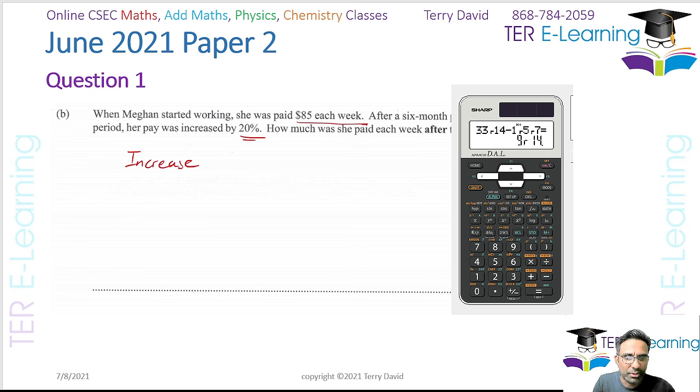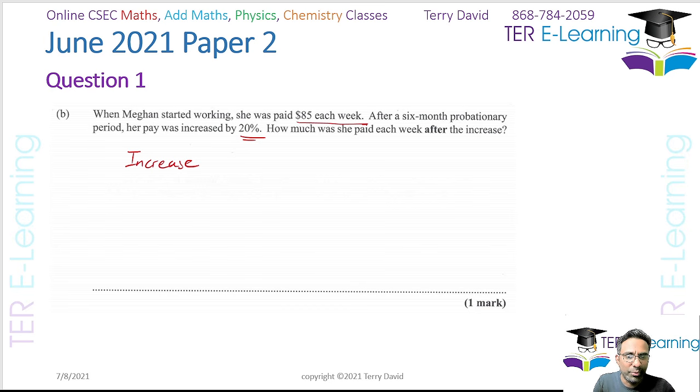So let's make sure the calculator is not blocking you guys. Right, so we're working on the increase here. So the increase is simply going to be 20% of the $85. This is the same as saying 20 over 100 multiplied by $85, and we're going to use a calculator to work that piece out.